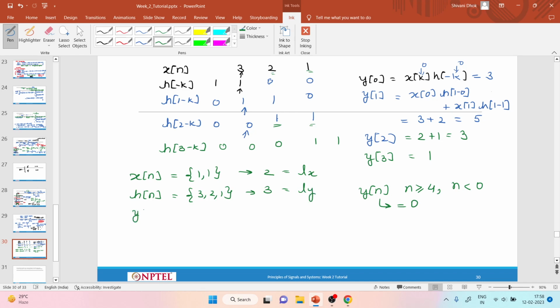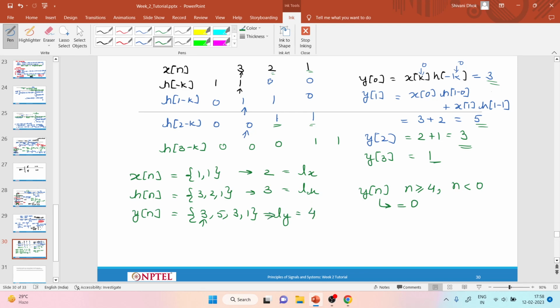And my y of n is equal to 3, 5, 3, 1, so L of y is equal to 4.